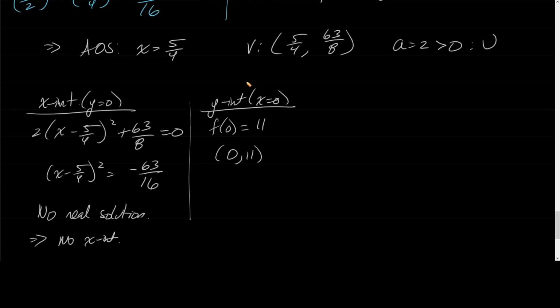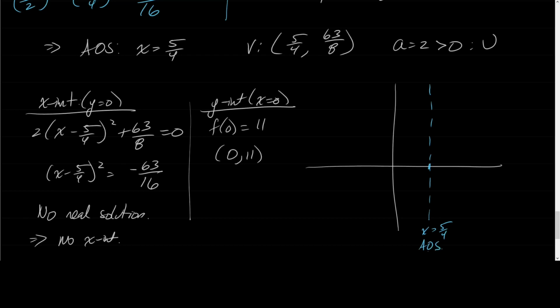And now, at this point, let's see what do we get when we sketch this? Well, we have our axis of symmetry at positive 5/4. Let's say that is our x is equal to 5/4, which is our axis of symmetry. All right. And then we've got our vertex at 5/4, 63/8. 63/8, let's say that's up here.